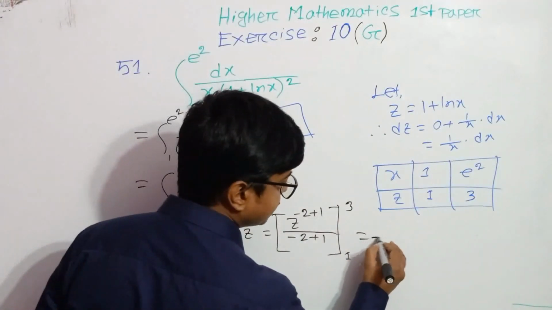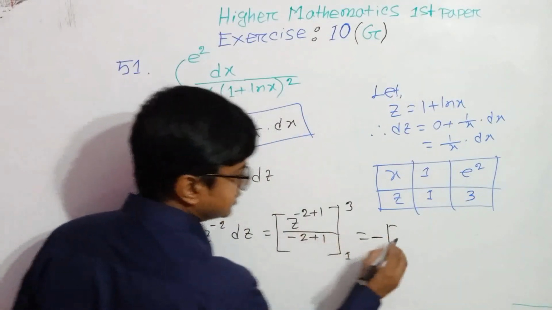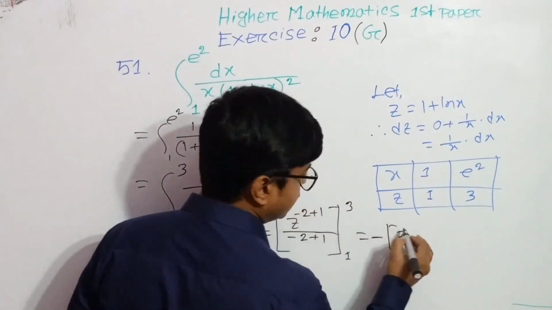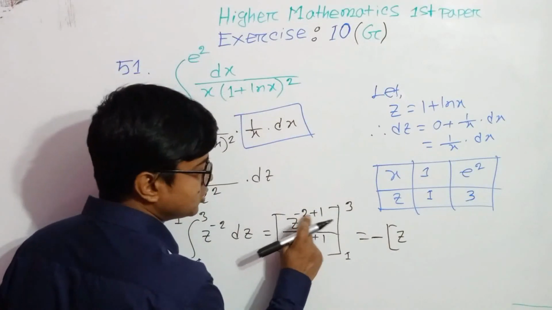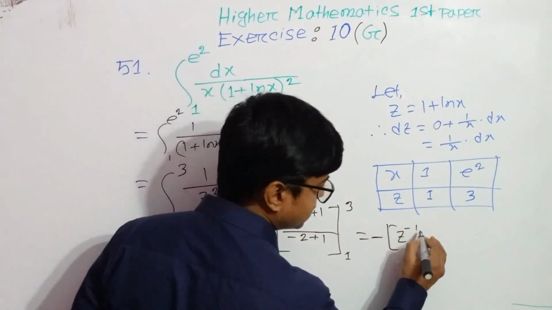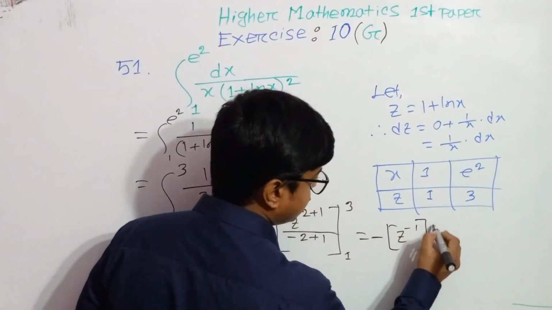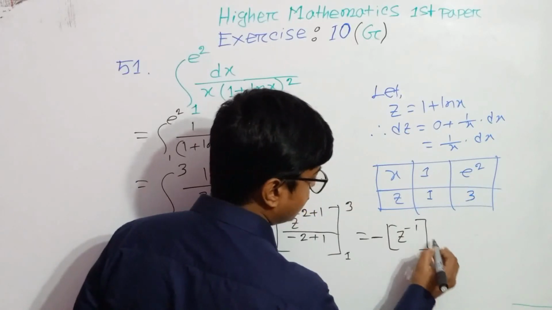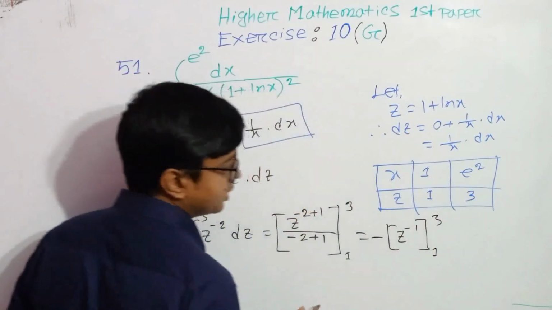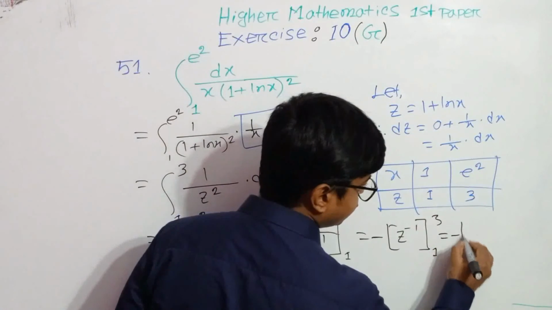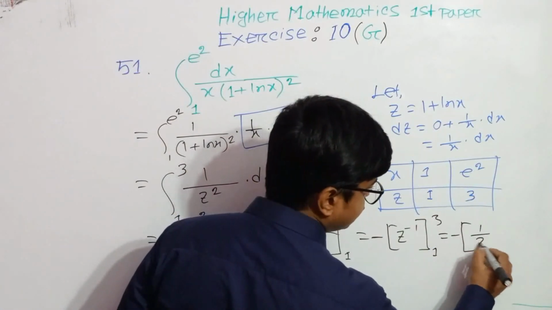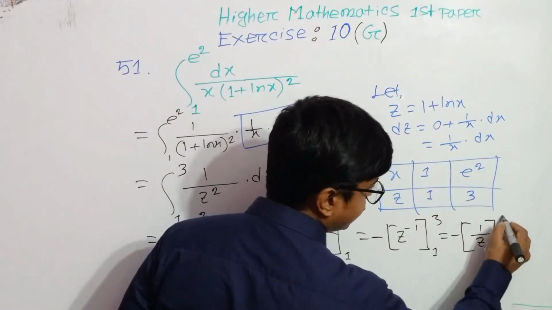So minus, and z to the power minus 2 plus 1 is z to the power minus 1. Lower limit 1 and upper limit 3. So we can write 1 by z, from 1 to 3.